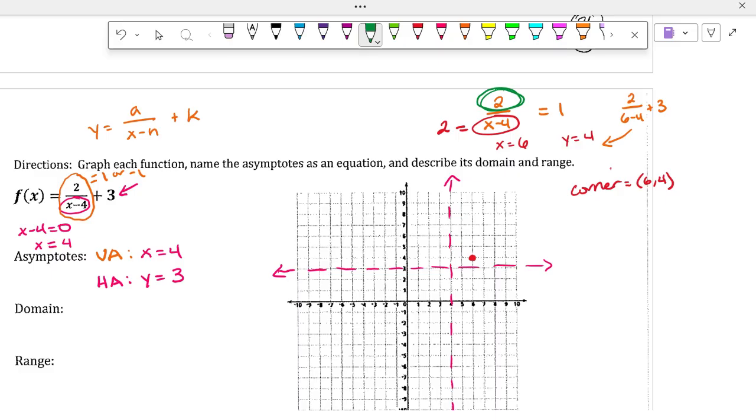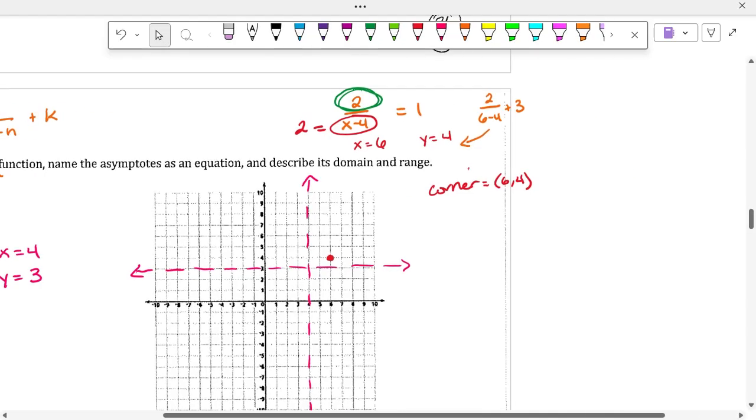So what number could I divide 2 by, besides itself, that would give me a non-fraction? 1. So if I do 2 divided by 1, I can also get another corner. So 2 divided by 1 would give me 2.